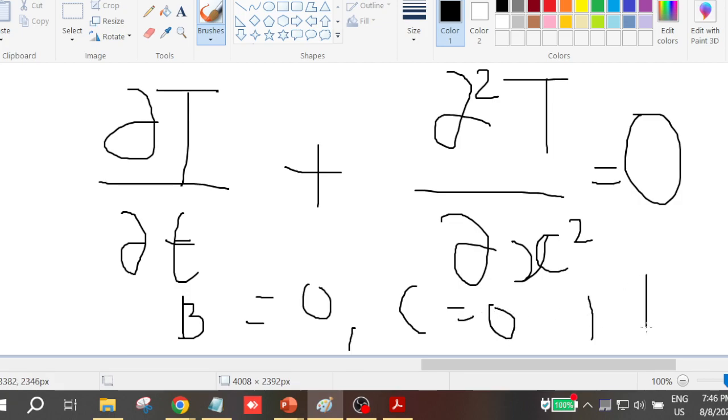So now in this particular case, B is 0, C is also 0. Okay, so now B square minus 4AC is 0, and that is why it is parabolic. Now you might say I will add dou square t by dou y square, but that I cannot consider as an independent variable. I need to have dou square t by dou t square, only then I can say C is something.